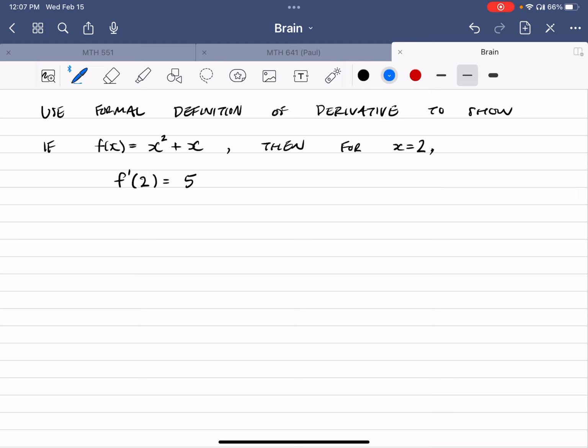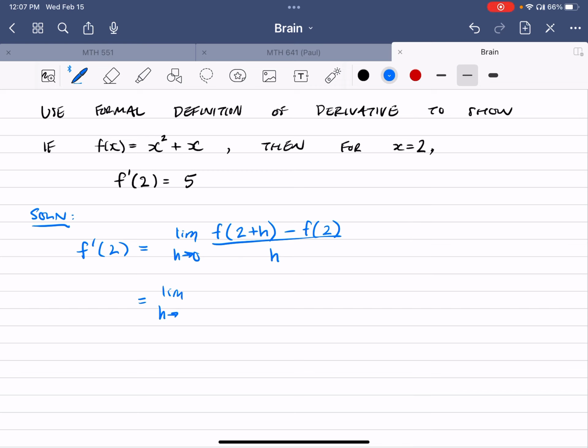All right, so using our definition, we have the limit as h goes to 0 of, I said I wasn't going to write it again, but I'm going to write it again, f of 2 plus h minus f of 2 divided by h.